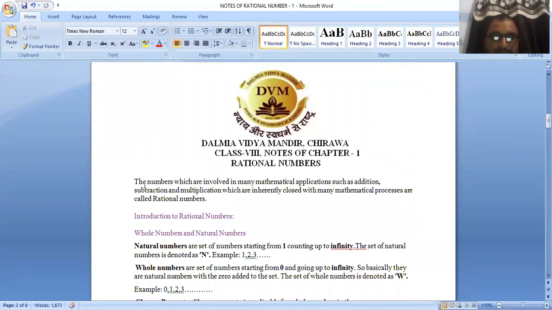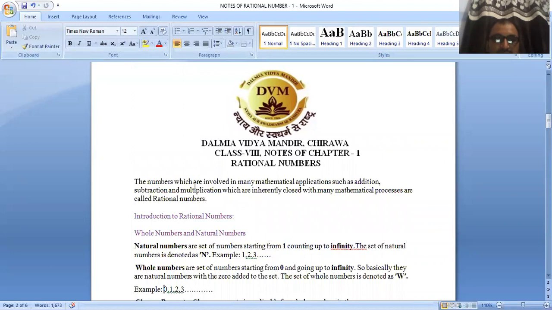In this chapter, we will study different types of numbers, including rational numbers. We know before starting any chapter, we discuss its introduction. So firstly, I will discuss the introduction to rational numbers.